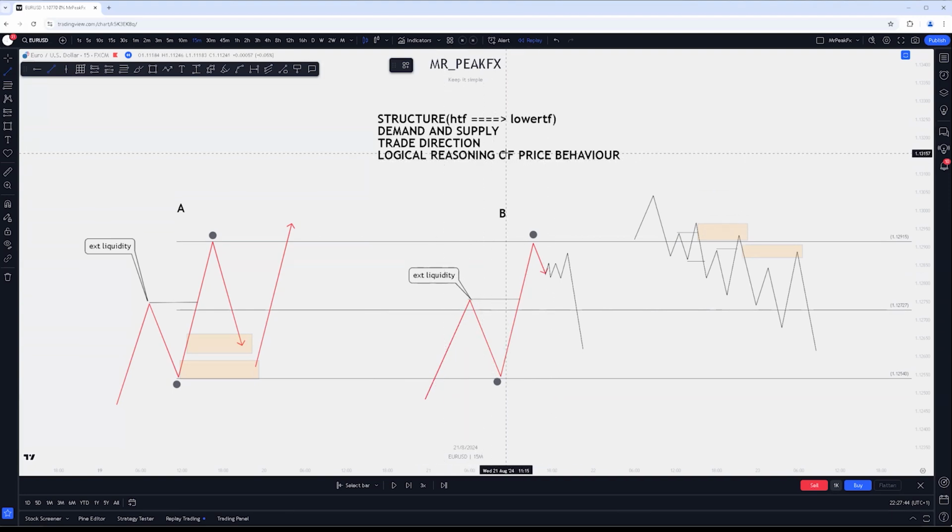So I just want to show you some trades, like 3-4 trades that I took in the last couple of days, and explain my thought process, how I follow price in a very simple way, having a perfect understanding of the market, keeping things very simple, and then achieving maximum results. So let's move on to EURUSD, and let me show you some of the trades that I took in the last few days.